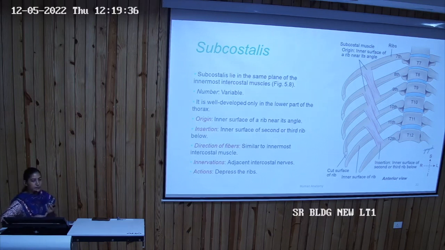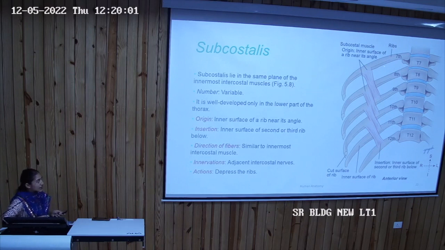You may not understand what the head of the rib, tubercle of the rib and angle of the rib are, because you have not seen the ribs. So just try to understand: this region is the head of the rib that articulates with the body of the thoracic vertebra. There is a tubercle of the rib that articulates with the transverse process of the thoracic vertebra.